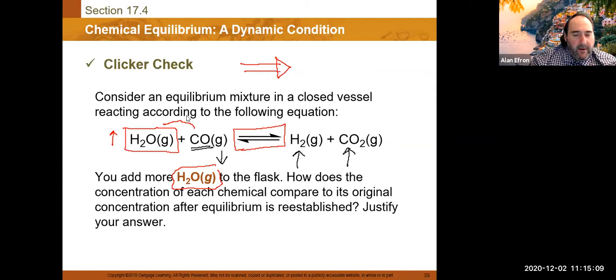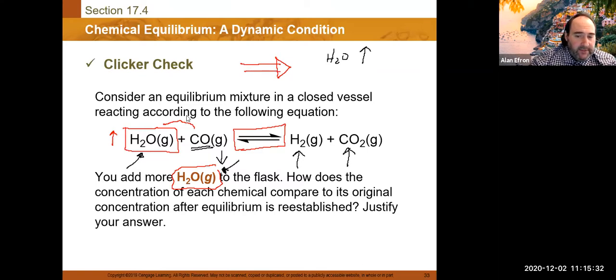Now, what about our H2O? Well, our H2O is kind of an unusual case. You're probably going to see two things happen with the H2O. The first thing is it is definitely going to go up, and it only goes up because you artificially added it. You decided to pick it up off the shelf and dump it in there.